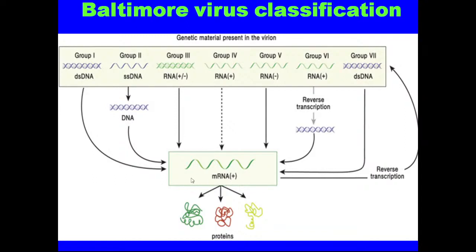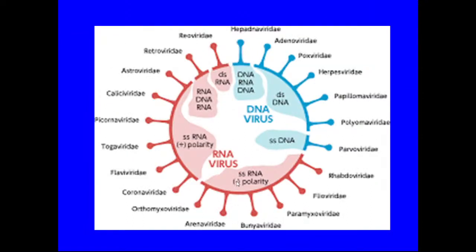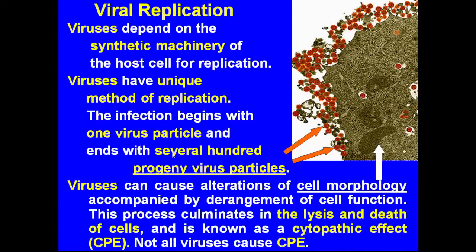Then they will express their genetic material. This is one of the very sophisticated strategies of genome replication. So altogether 7 groups, my dears. And here you can see examples of the viruses from every group, right? Later on you take a look at these examples and we go ahead with the viral replication.